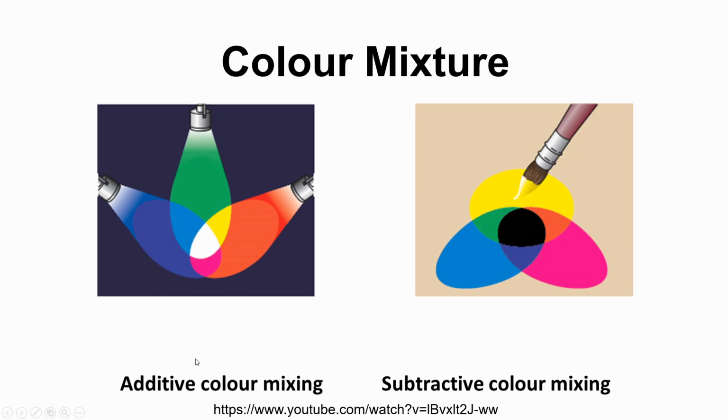Now, if that hasn't sunk in immediately for you, that is perfectly fine. This is a little bit of a strange concept. And so I always include this YouTube link at the bottom here. This is just a video where someone actually shows you mixing together paints and mixing together lights to illustrate the difference between additive and subtractive color mixing. So if you'd like, you can pause this video and go watch that YouTube video to help clarify any leftover confusion.